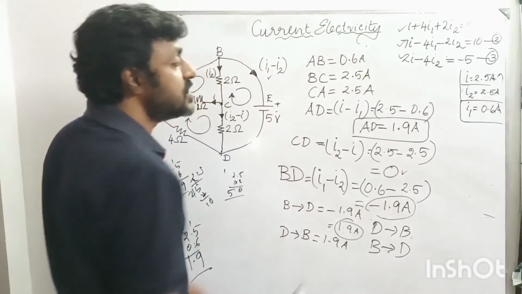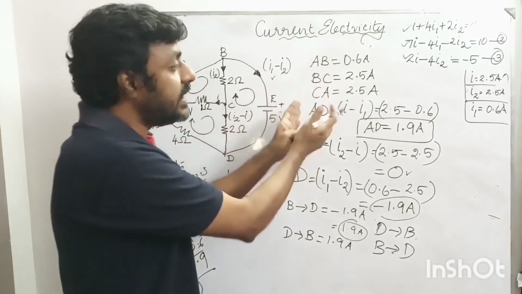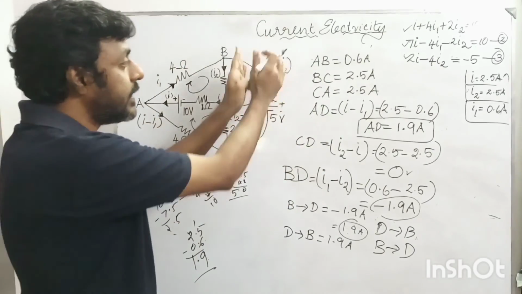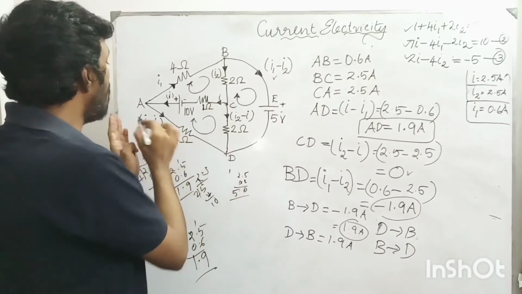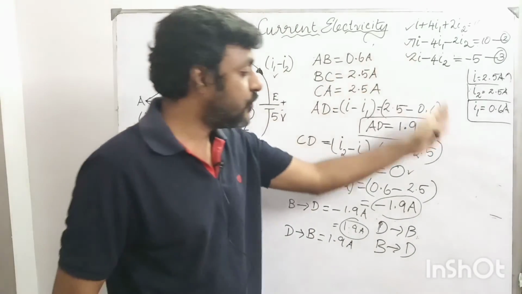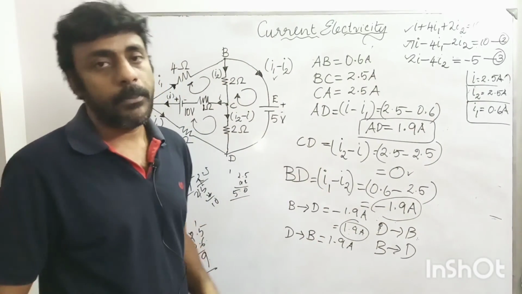After getting the equations, you need to solve them and get individual values. Then you need to substitute the values in the current directions, like I1 minus I2 or I minus I1, and find the individual branch currents. This is how we find individual branch currents.